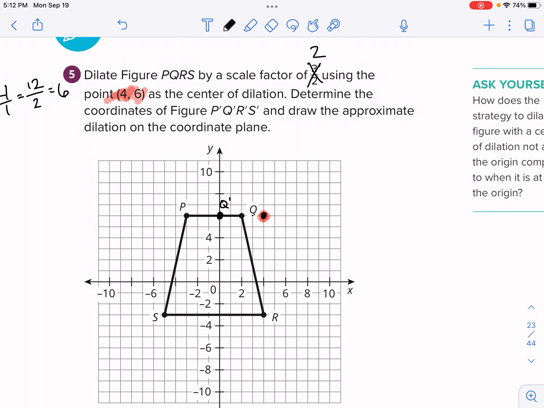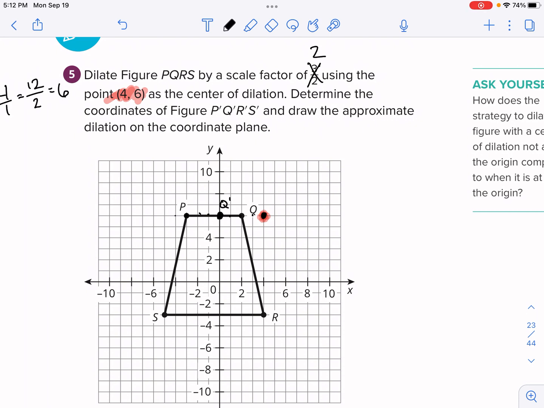Next one, let's go from this point to P. So it looks like this is 1, 2, 3, 4, 5, 6, 7 left. I want you to think about this as a step. So going 7 left is 1 step. Since our scale factor is 2, we're going to go another 7 left.